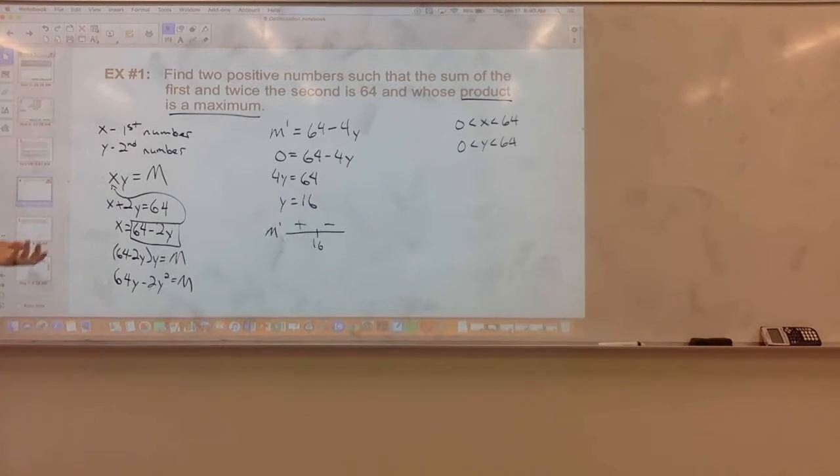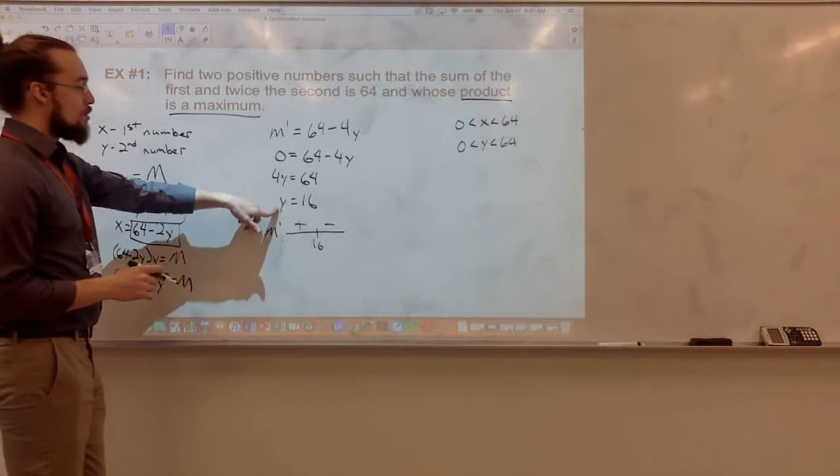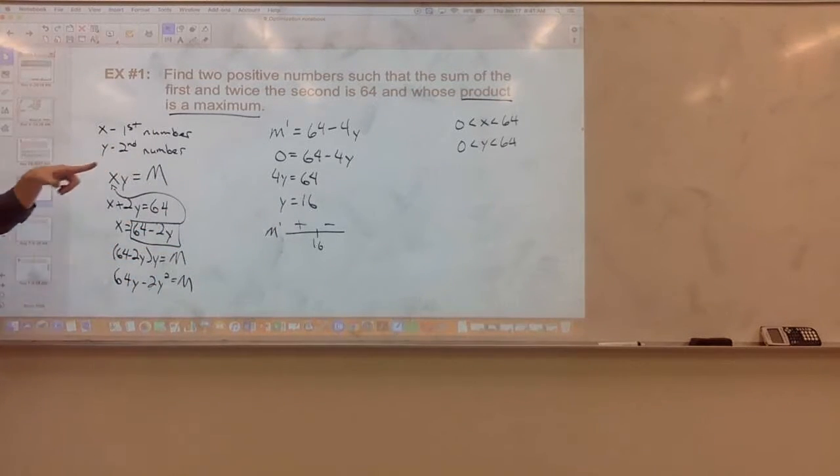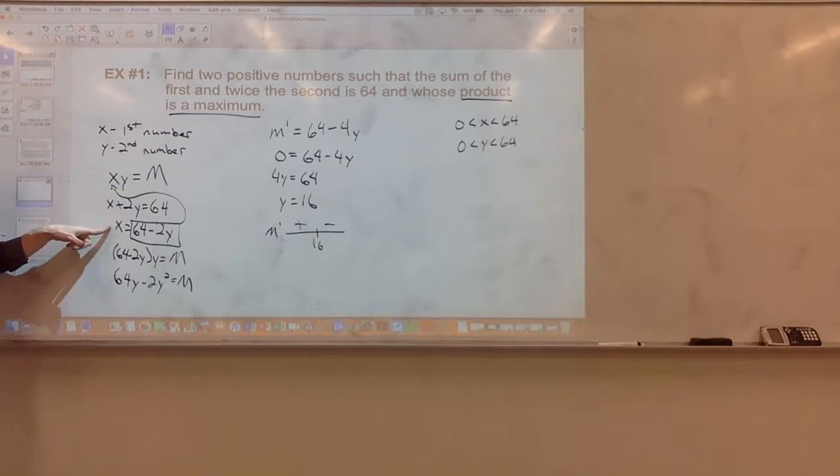That's only half the answer, though. How do I get the second number? Yeah, just plug it in. So where should I plug it in? I want to plug it in somewhere that the only thing I'm solving for then is x. If I plug it into this one, I still have 2 unknowns.